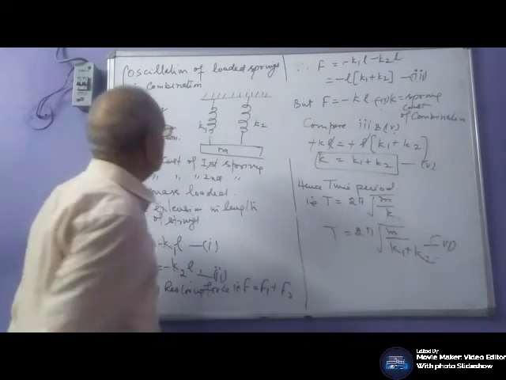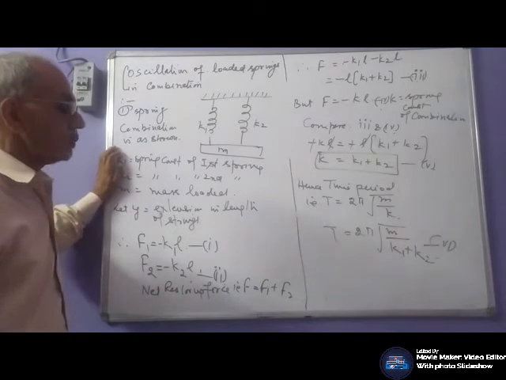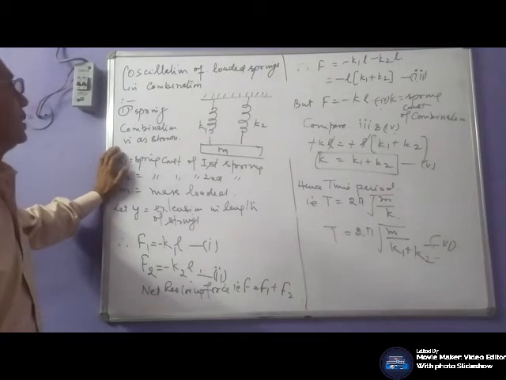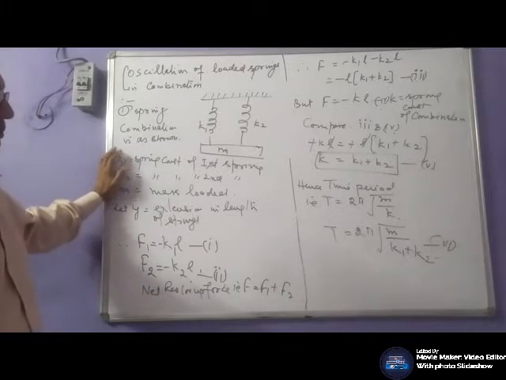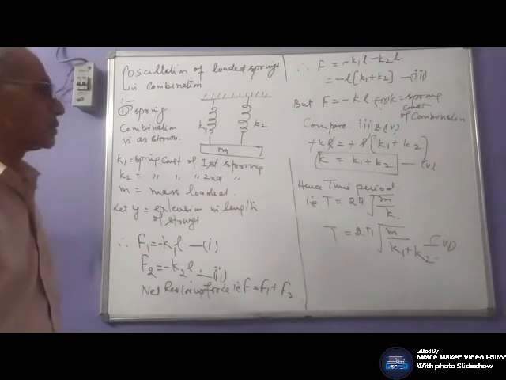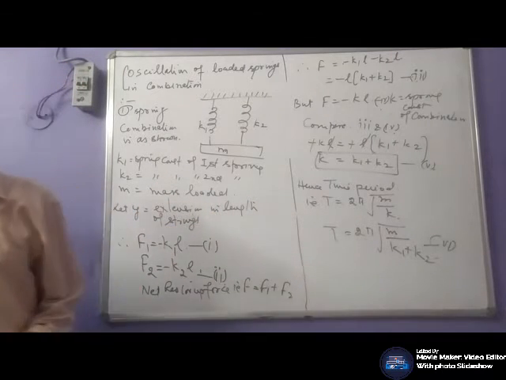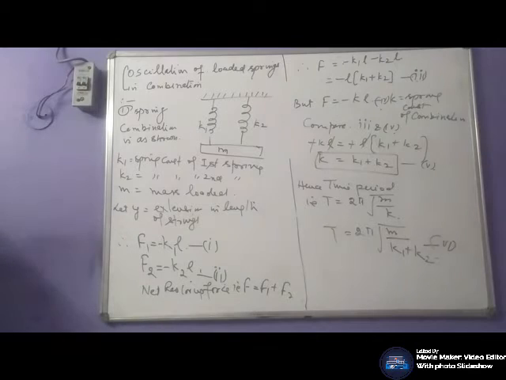So the question is, derive expression for time period of loaded springs in combination. This is that expression of time period as shown. The combination is as shown in figure.